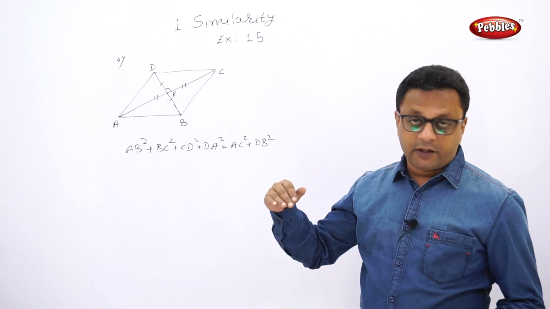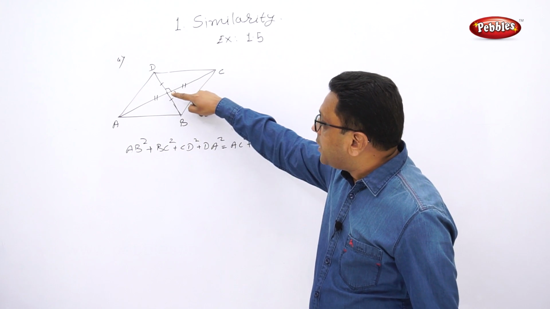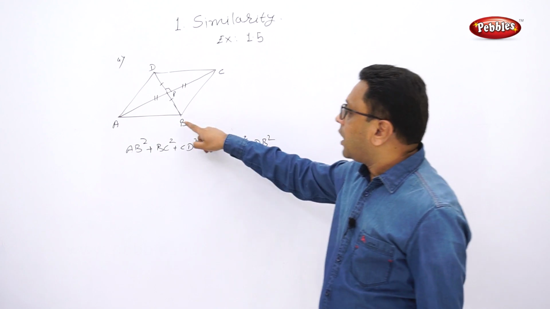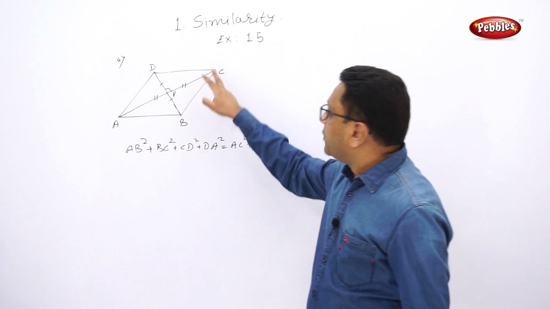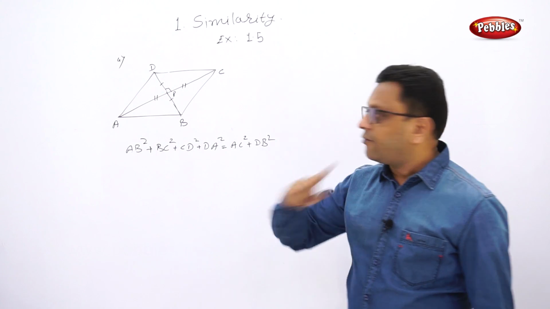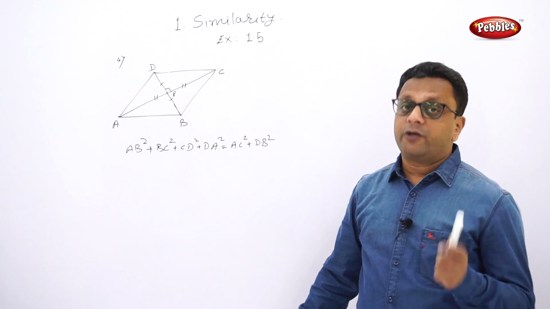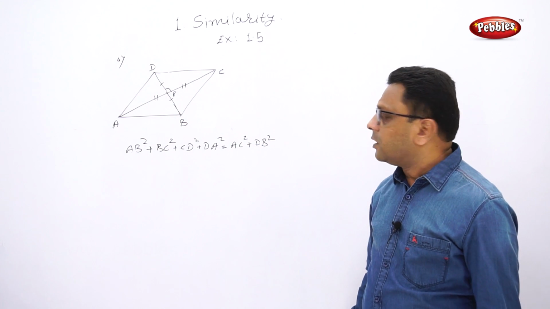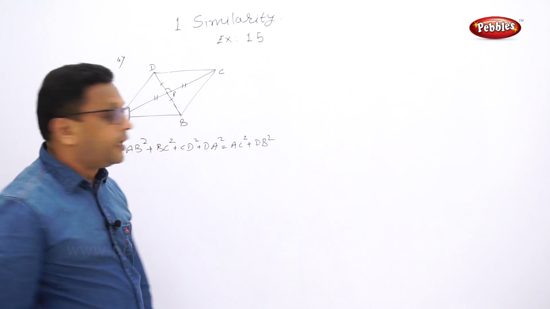Now before solving this, first understand that BP and DP, these both the segments are half of DB, and AP and PC, these both are half of AC. We are going to make use of this. So we'll just consider the triangle APB. We will apply the Pythagoras theorem for the triangle APB.